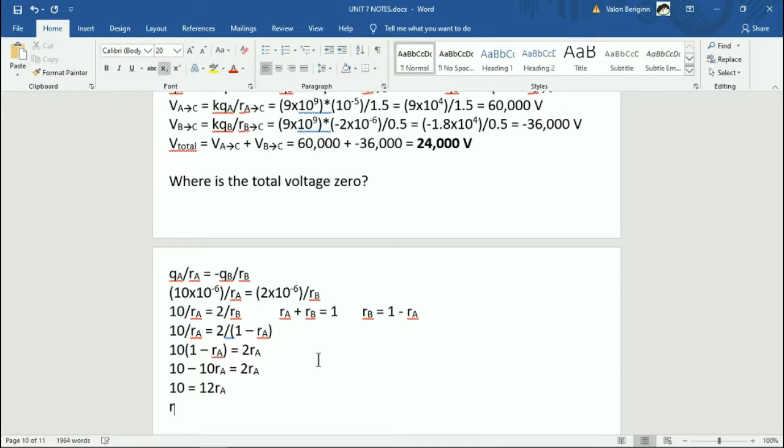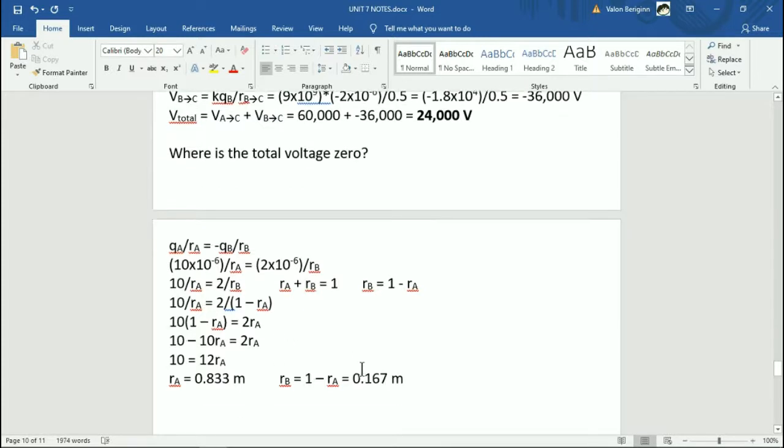So RA is 5/6 or 0.833 meters. And therefore RB is 1 minus RA, so it's going to be 1/6 of a meter.